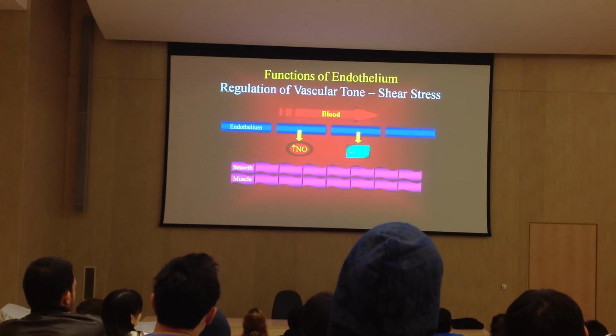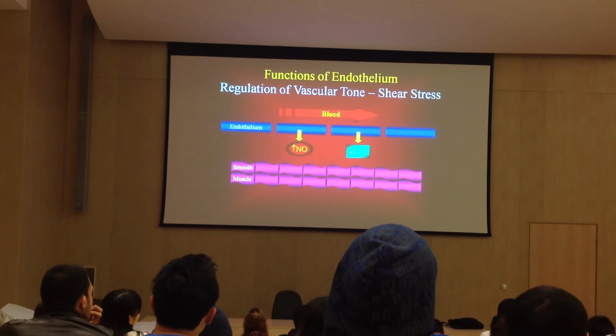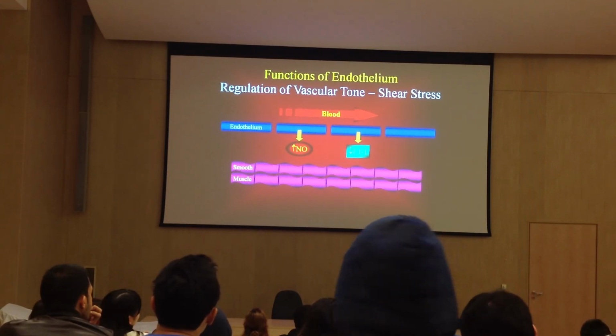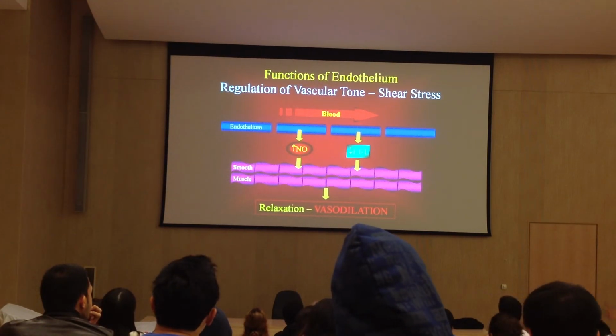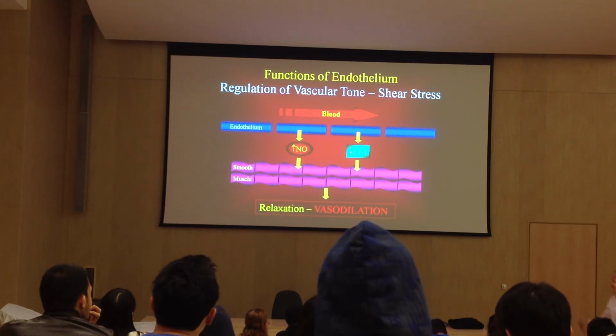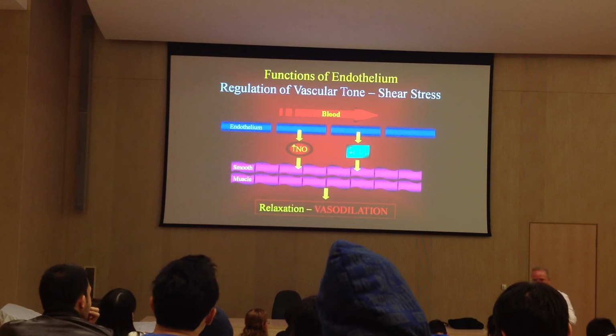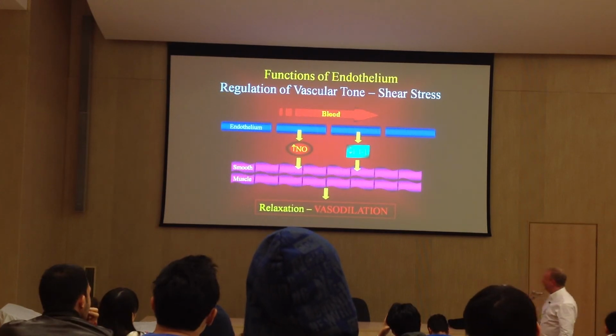In a physiological regulatory mechanism, normal physiological shear stress increase on a healthy endothelium always results in a certain imbalance. More nitric oxide will be produced than endothelins. Endothelins are vasoconstrictors. Nitric oxide is a vasodilator. Therefore, overall, you have an imbalance which is again for vasodilation. So the shear stress effect is very simple. More vasodilator nitric oxide is released than endothelin. And that is it. No more differences.